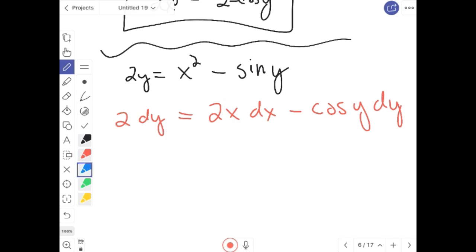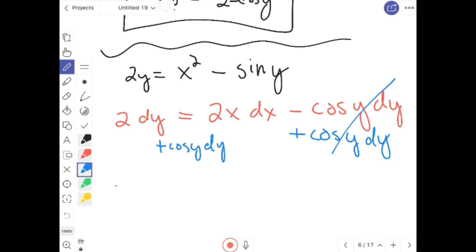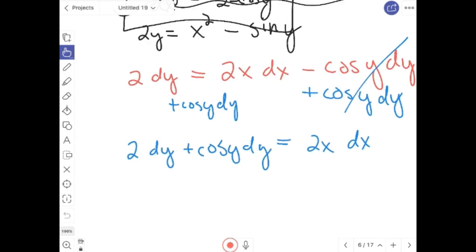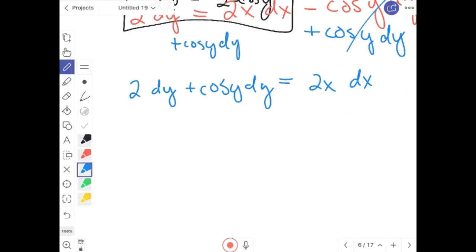I would move all the dy's to one side. So then I would end up with 2 dy minus cosine of y dy equals 2x dx. Factor out the dy's.